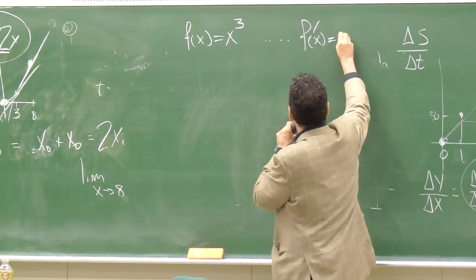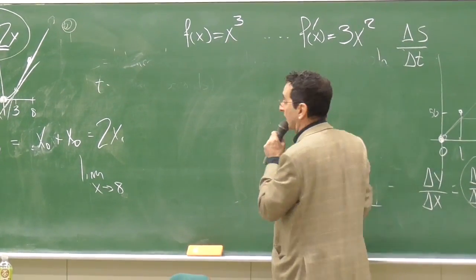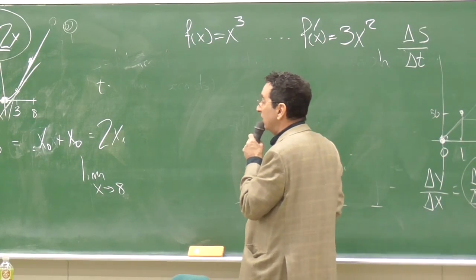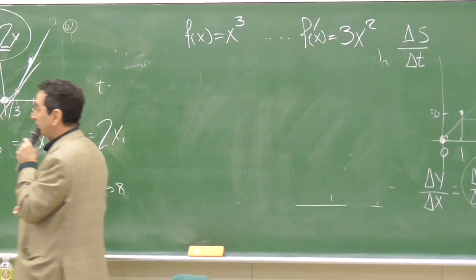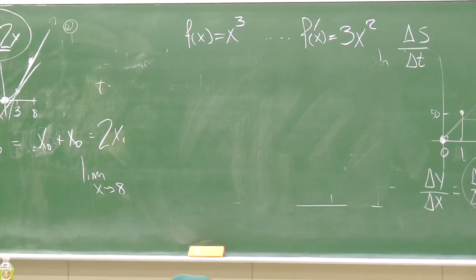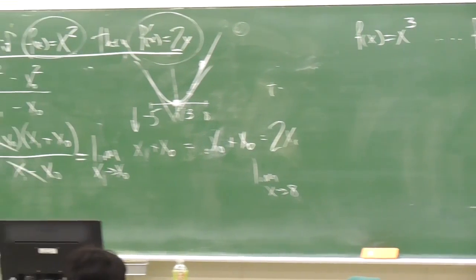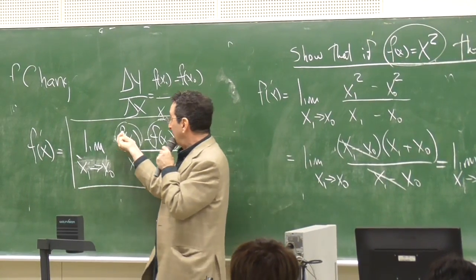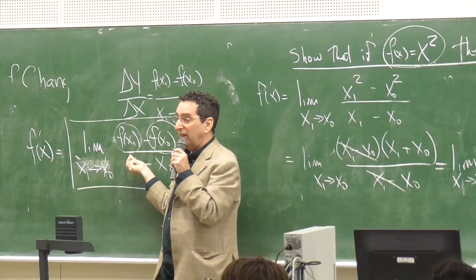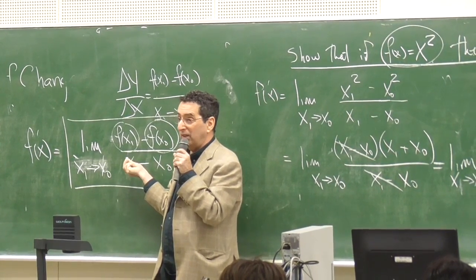But I told you the answer is 3x squared. Okay, so what would you have to do differently now than you did the last time? You start with this again, but what would you have to do differently now? Instead of f being x squared, f is x cubed.